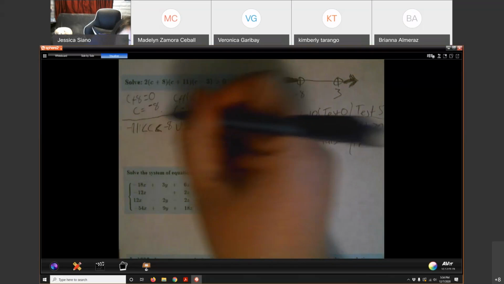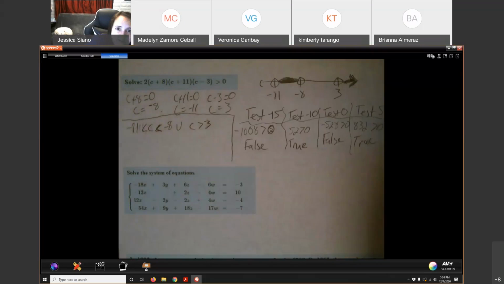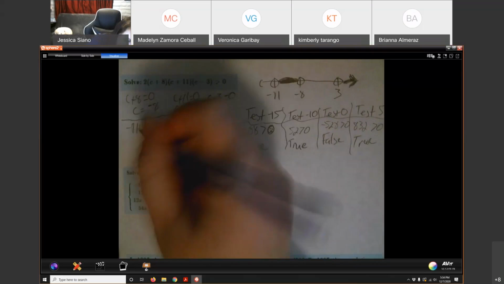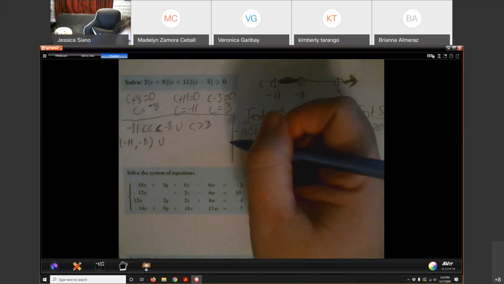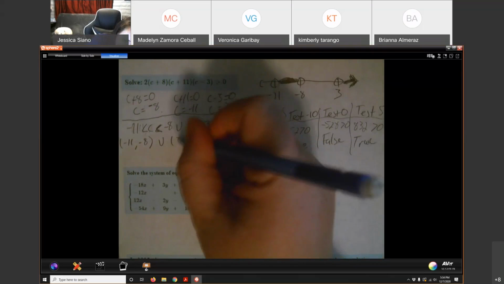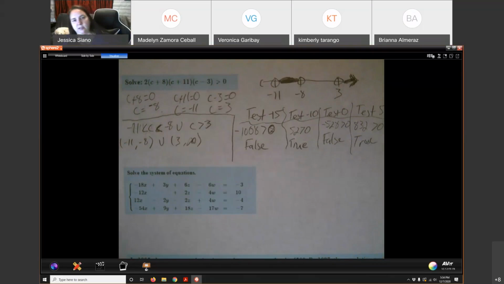If they want interval notation, then you would say -11 to -8 and 3 to infinity.